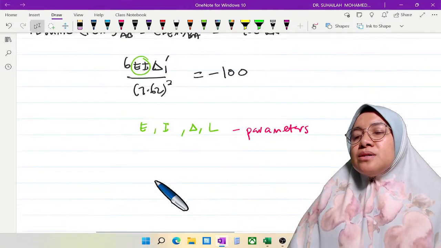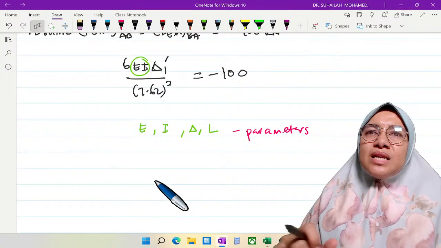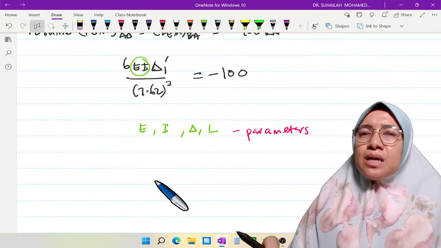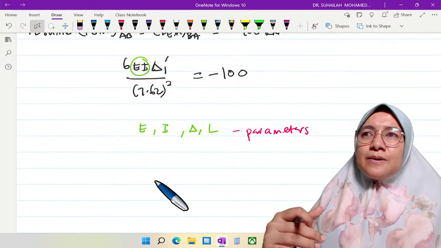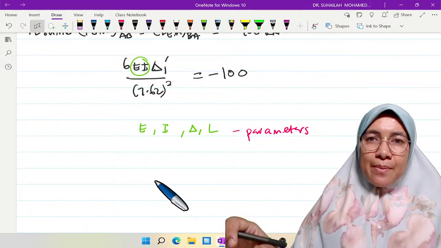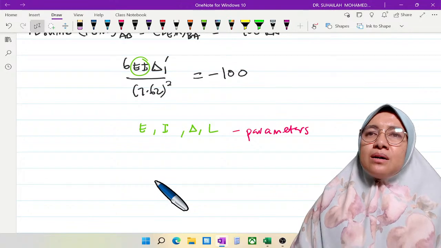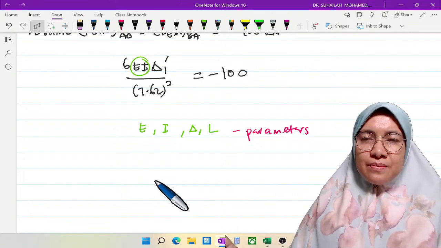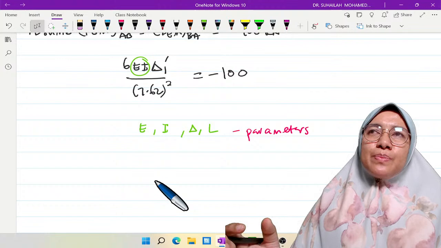Actually I have explained how the FEM for BC and CD was calculated by referring to the example in the textbook.